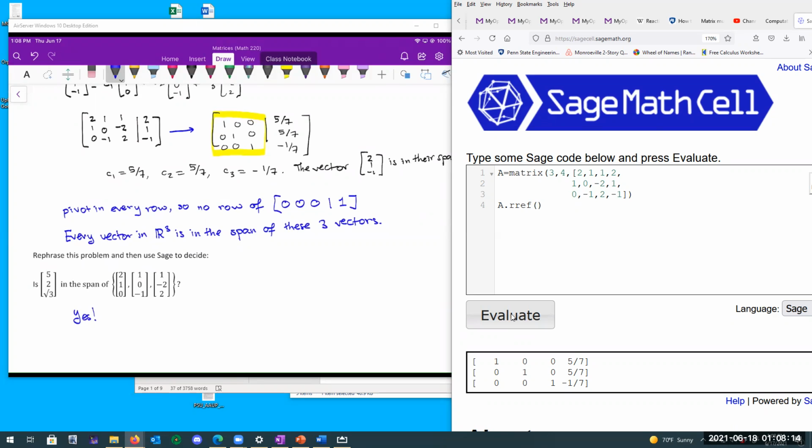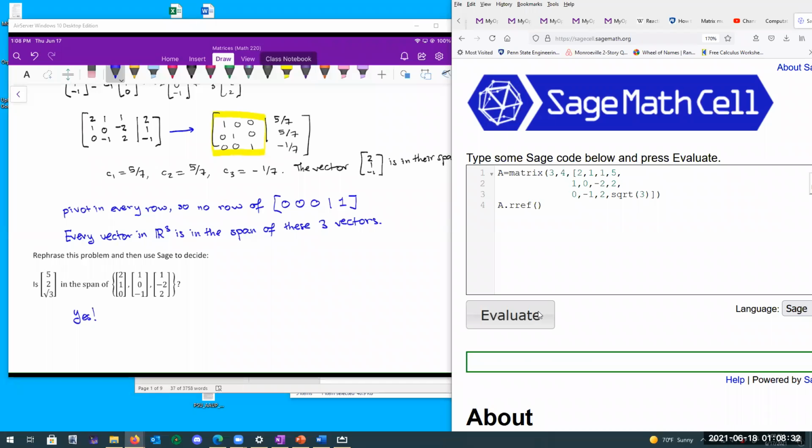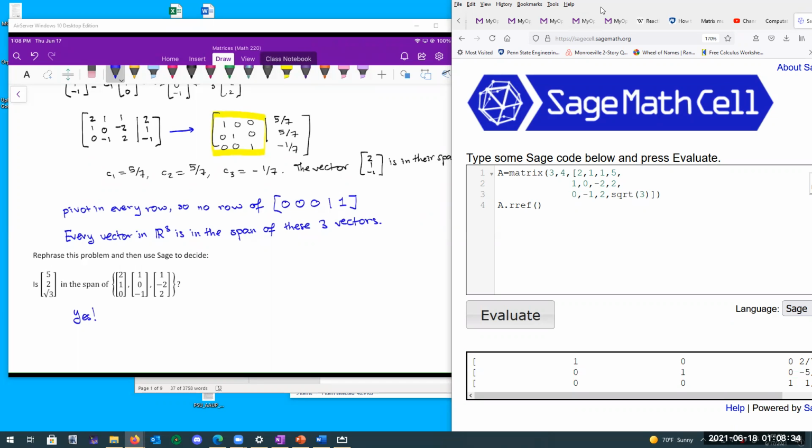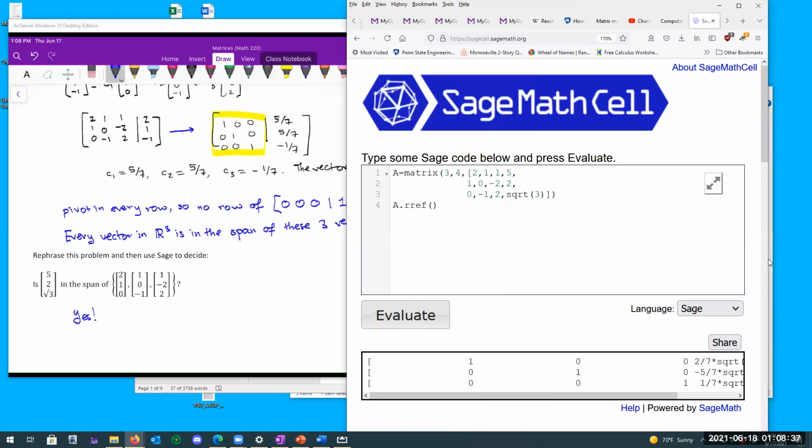Absolutely. If we want to know how to write it, well, we would have to ask Sage to tell us. So I'm going to just insert these in as our augment, 5, 2, and square root of 3. Whoops, we get a slightly messy answer.